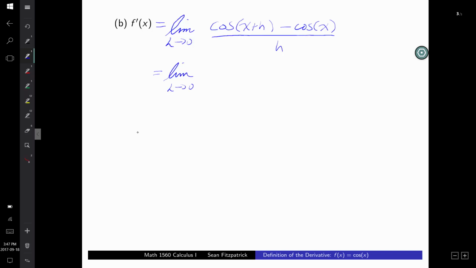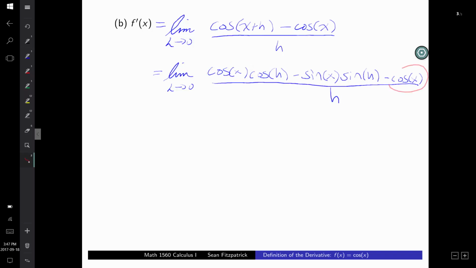Again, I'm going to have to use the angle addition formula to expand the cosine function. So I get cos x cos h minus sine x sine h minus cos x, all divided by h. And again, I want to try and group like terms. So I've got two cos x terms here, right? Here I've got cos x times cos h. Here I've got cos x times minus 1.